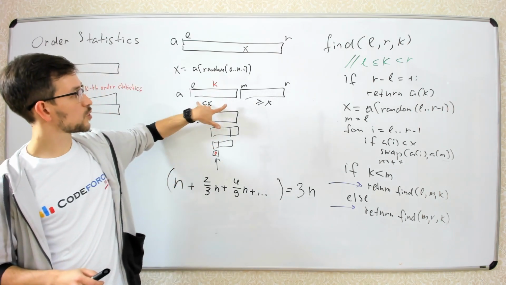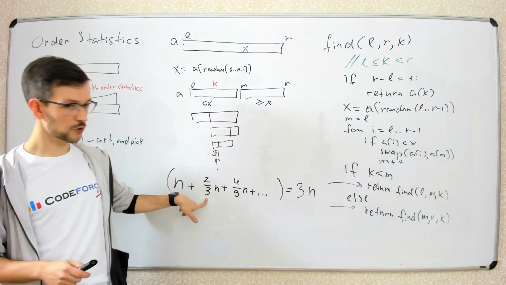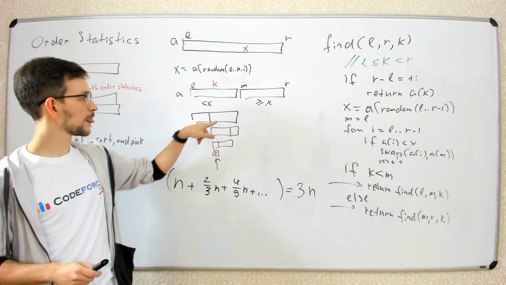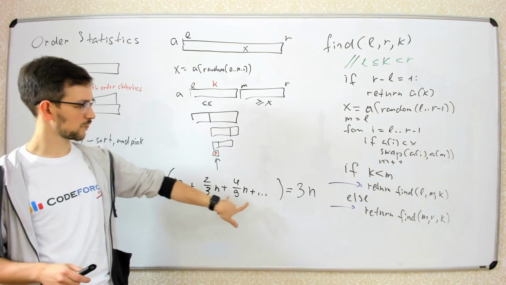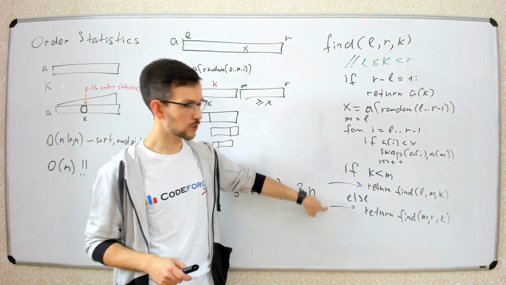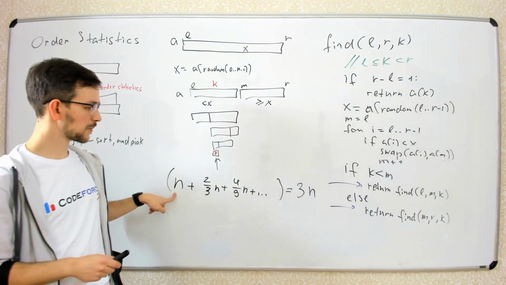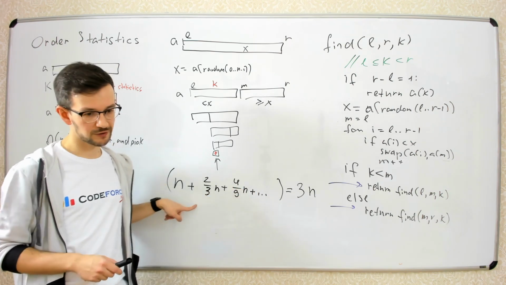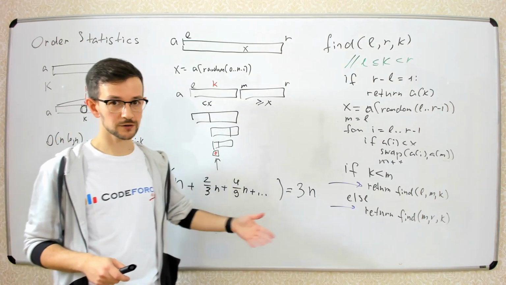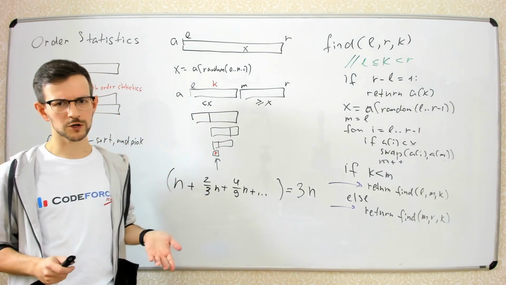After you have the size decreased to 2/3 of n, again you will have some random pick, and after some random picks you will have 4/9 of n. And because you have only one recursive call here, the total time complexity will be the sum of this series. The sum of the series is 3n, so it's linear.